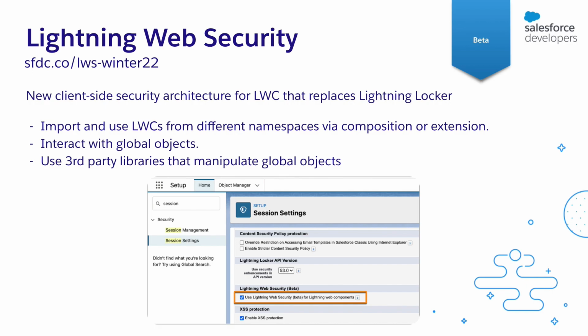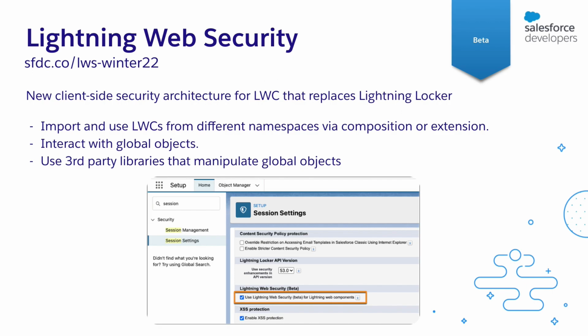It's a new client-side architecture that has been created in a way in which we obtain the same security benefits that we had with Lightning Locker, but we have less restrictions, right?